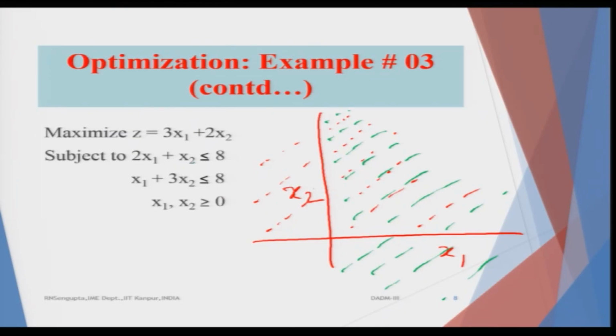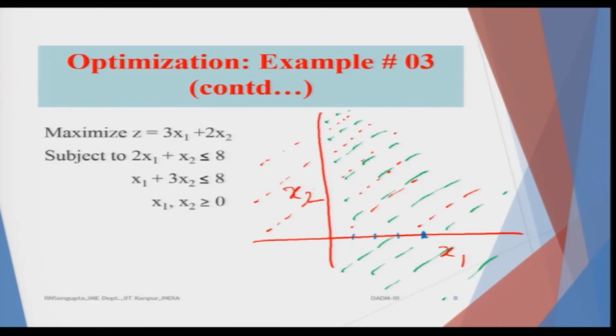Now, I plot this equation. I only plot one and continue the other one. Let me use the blue one. If I consider x2 as 0, then x1 is basically 4. So, let us consider 1, 2, 3, 4.